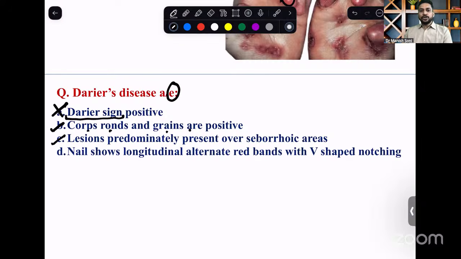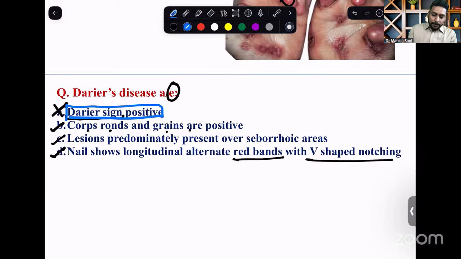And nails show longitudinal alternate red bands with V-shaped notching. This is also a finding of Darier disease. So all these three statements are true about Darier disease, but which one is incorrect? That is option A. So the answer here is option A.